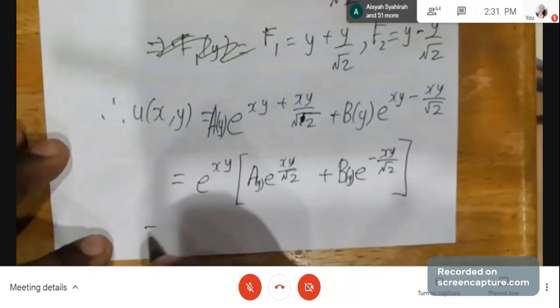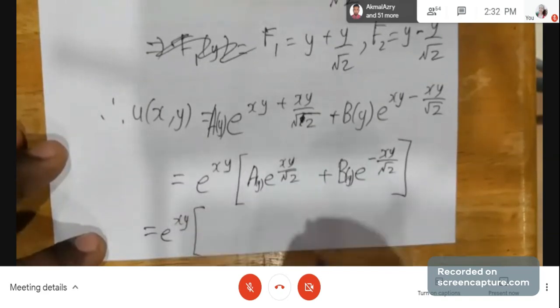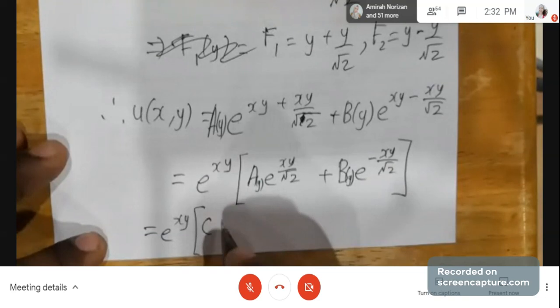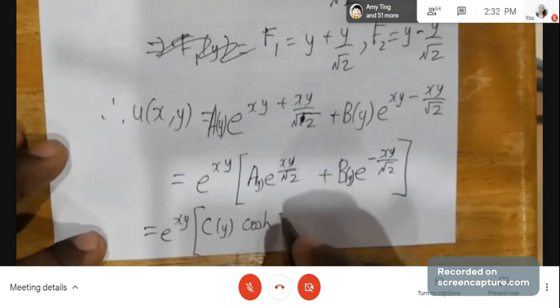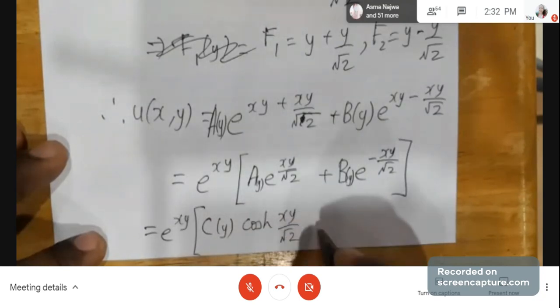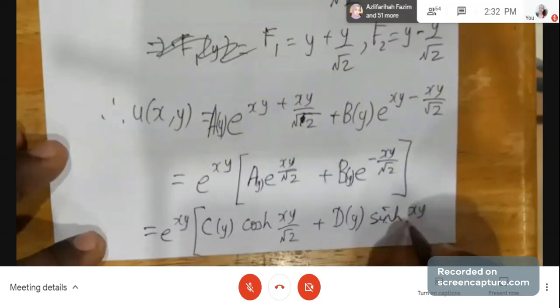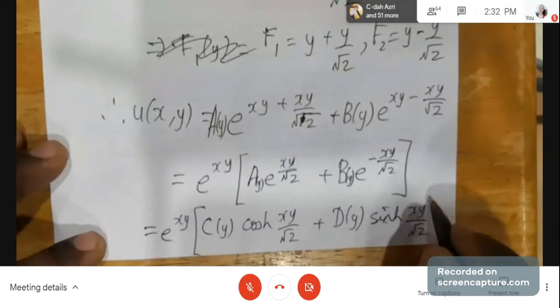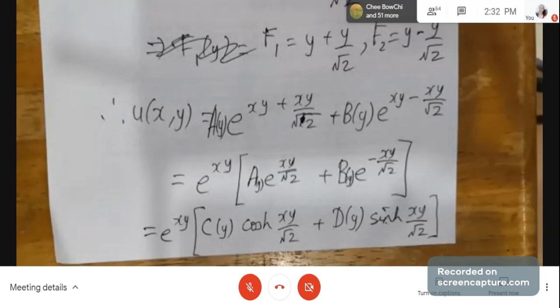So you're changing from arbitrary constants a and b to c and d: c cos of xy over square root 2 plus d sine of xy over square root 2.